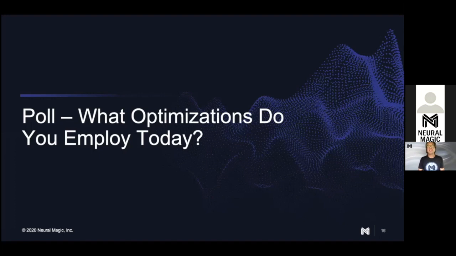And the results here, we see 78% of people are not doing optimizations. It's almost 80%. We see a couple doing quantization and just a few doing pruning. So interestingly, this is very much in keeping with what we've seen in practice. And this is, we think, a tremendous opportunity.